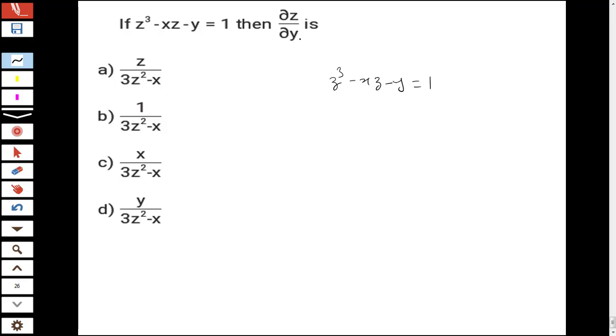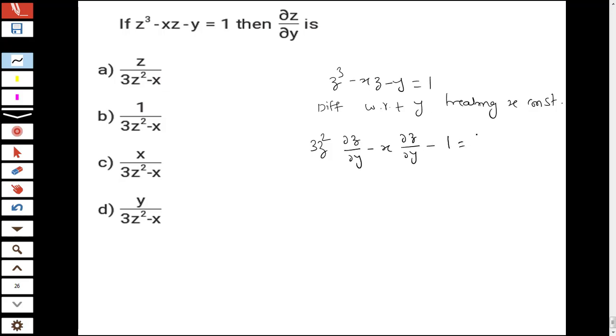So with respect to y, treat x as a constant. That is, taking the derivative with respect to y, treating x constant, it is 3z square, derivative of z cube, attach del z by del y, minus x constant, derivative of z is del z by del y, and derivative of y is 1, equal to 1.